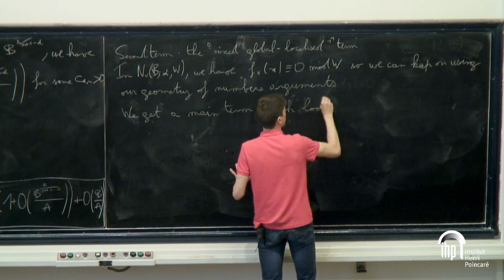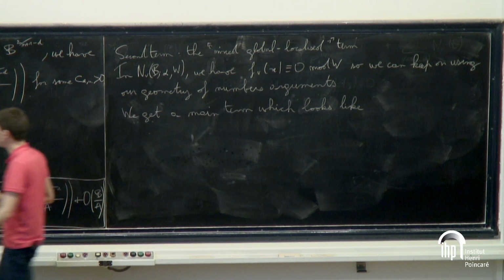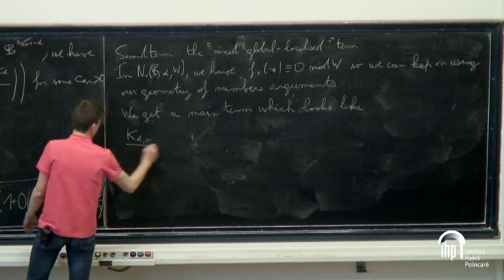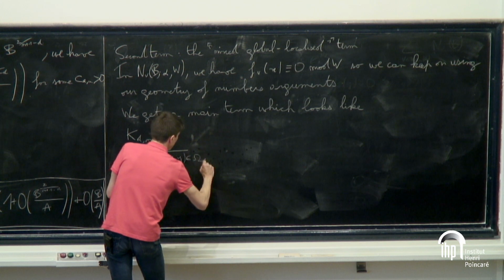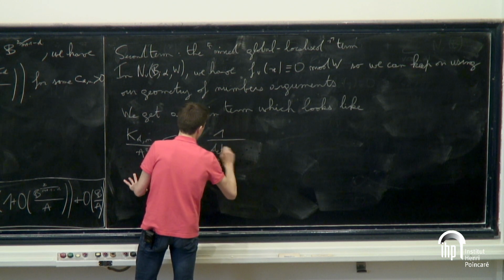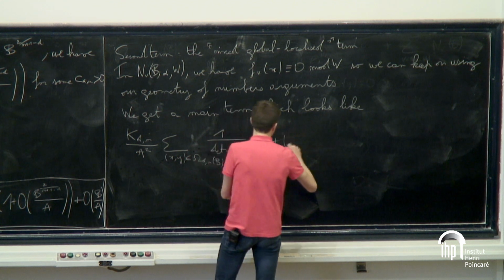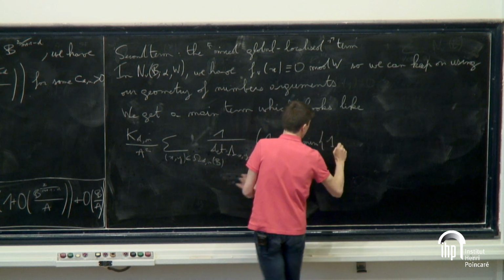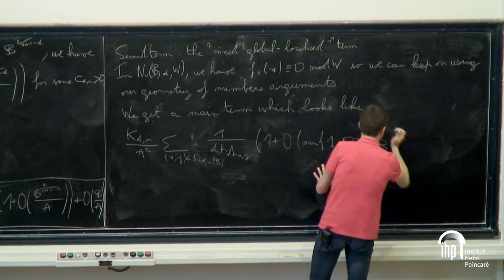We do everything exactly the same way, and we end up with our same constant here, divided by A squared again, our sum over x and y in the set omega_dn of b of 1 over the same thing, the determinant of lambda_xy, times something a bit different. Let's say 1 plus big O of the minimum of 1 and something which I will call error of x and y.